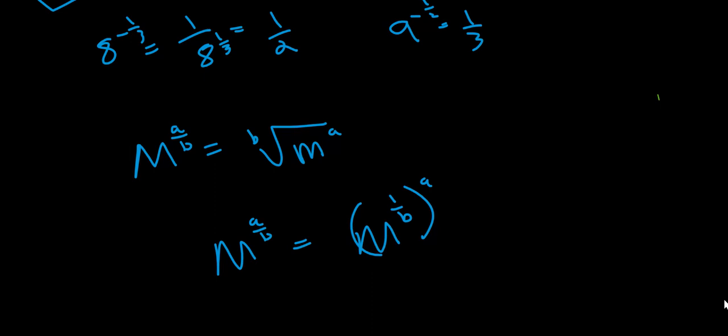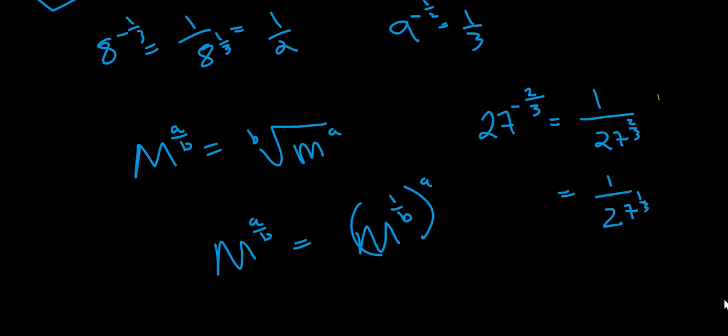And that works out if you're working out, say for instance, 27 to the negative 2/3. So we can rewrite that as 1 over 27 to the 2/3, and that is simply 1 over 27 to the 1/3, all squared. Well, what three things multiplied together give 27? Well, 3 squared is 9, so it's 1 over 9.